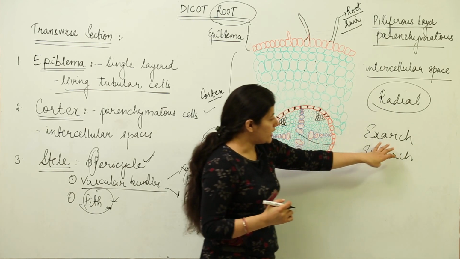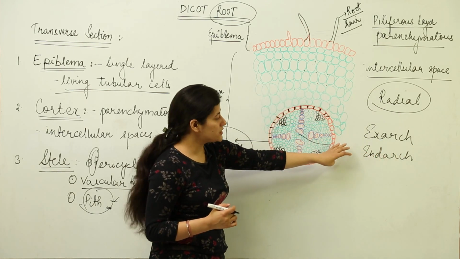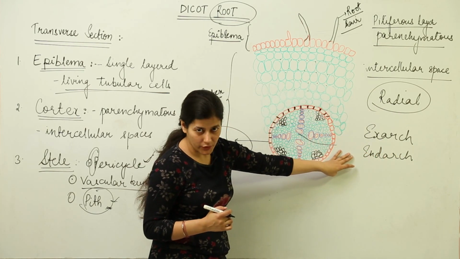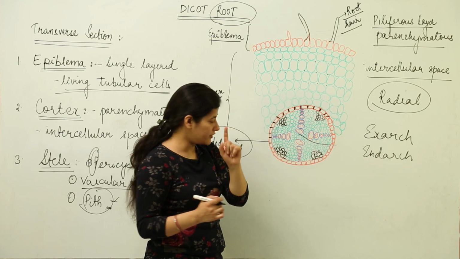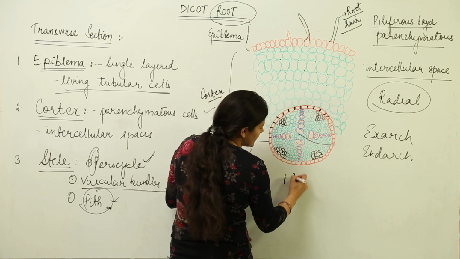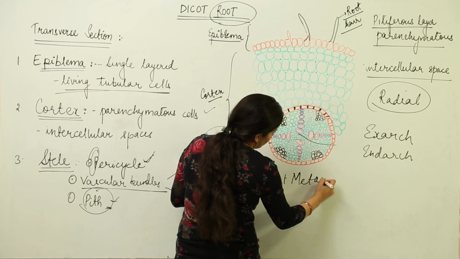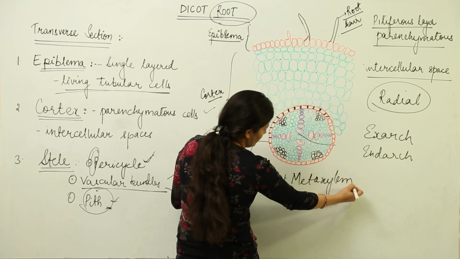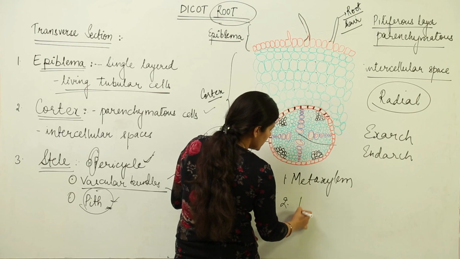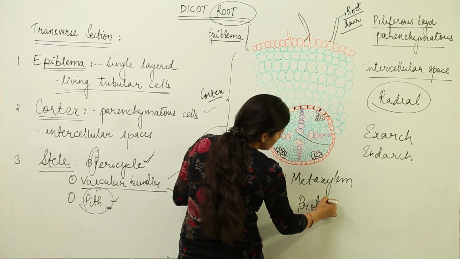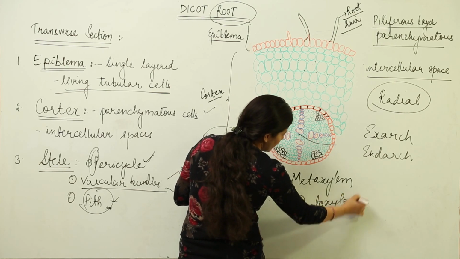Now this exarch and endarch arrangement is in terms of xylem. There are two types of xylem. Firstly, one is metaxylem, other is protoxylem. Now we are coming to different terms. If you have done them already, that is good. If you haven't done them, then again it is good, because you will get to know what it is now.